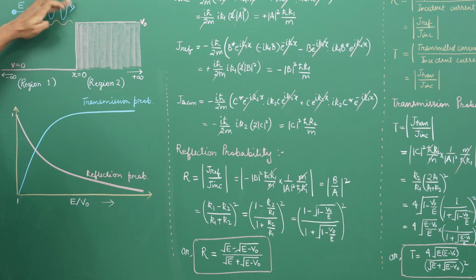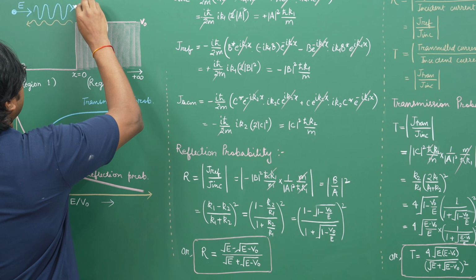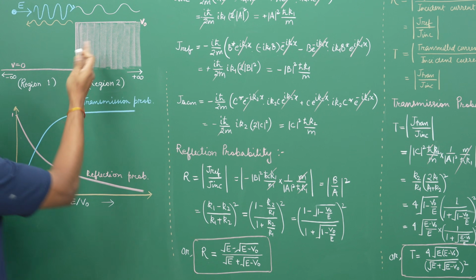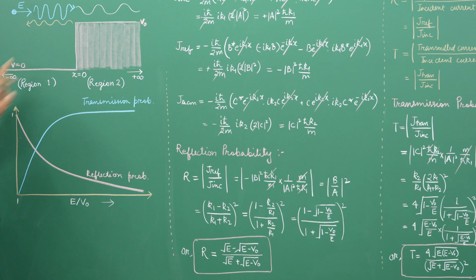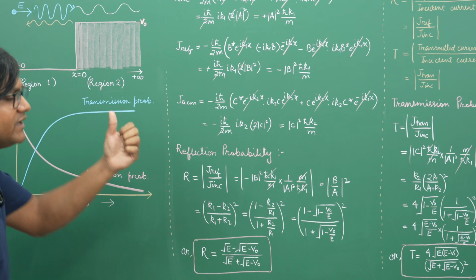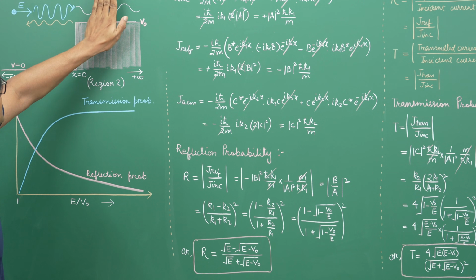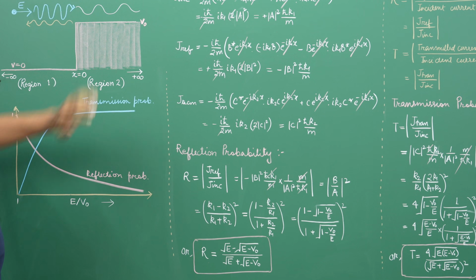An incident wave comes, a portion of it is transmitted through, a portion of it is reflected back. You can see that the wavelengths are different because the wavelength has to do with the wave number K1 and K2. Here K1 is greater, here K2 is less than K1, so it has a greater wavelength or lesser wave number.